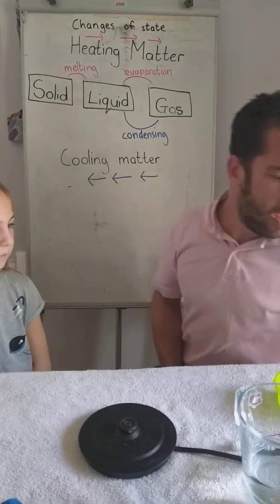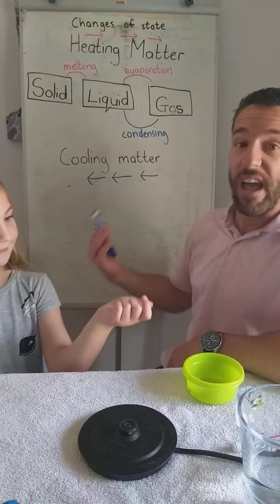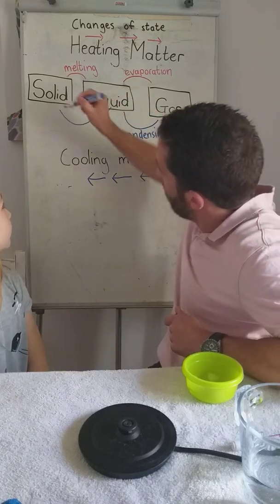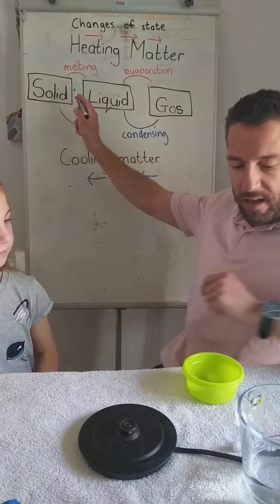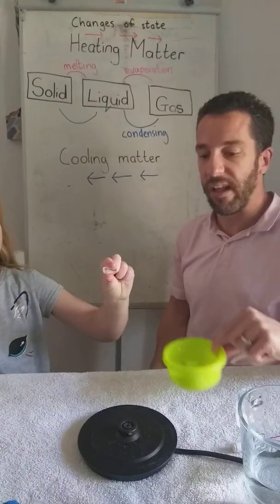What solid do you think it would change into? Ice. It would change into an ice block, wouldn't it? So that liquid, if it carried on cooling, would then become a solid, just like those blocks of ice in a place like a freezer.